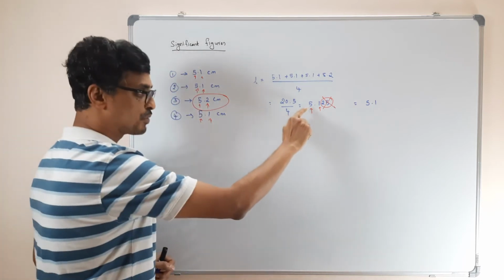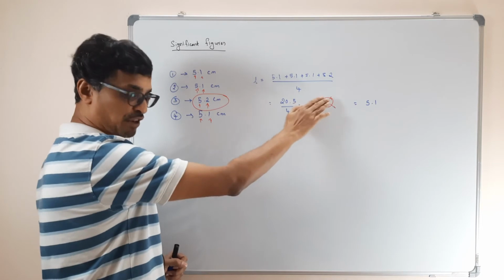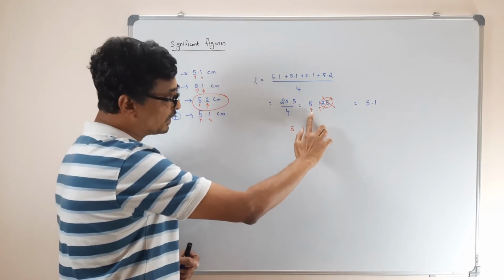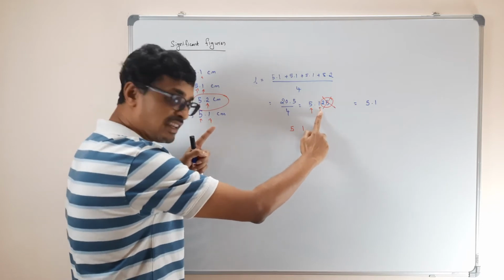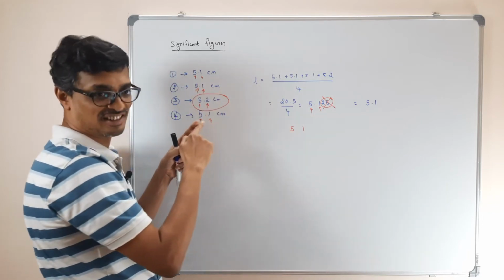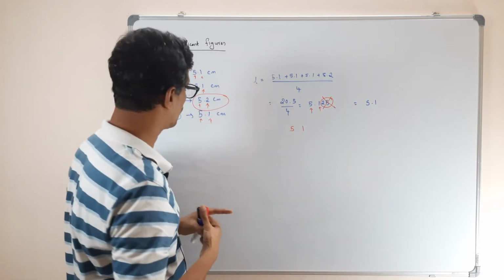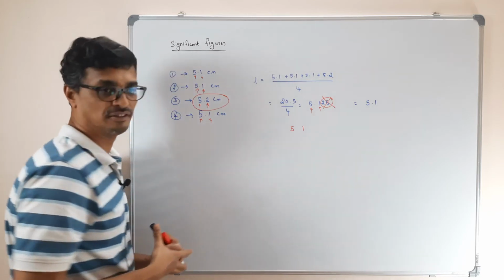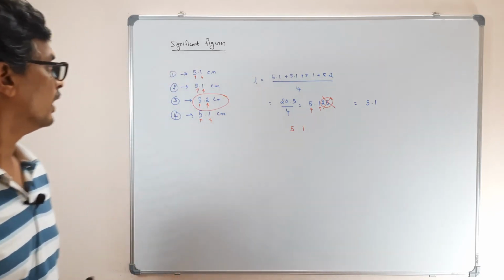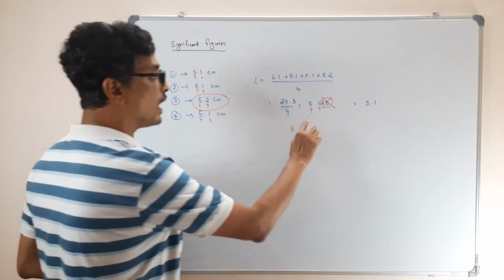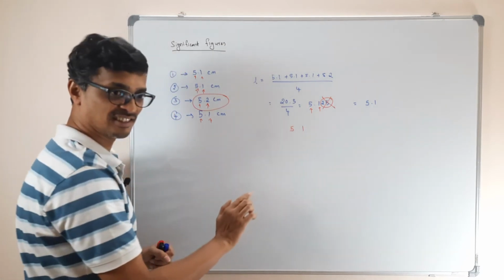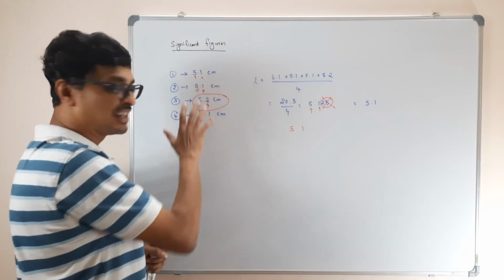In the most probable value, when you take the average, go up to the figures which are common in all the measurements and stop where they differ. That's what you call significant figures. If you have a large number of significant figures, that means the measurement is precise.